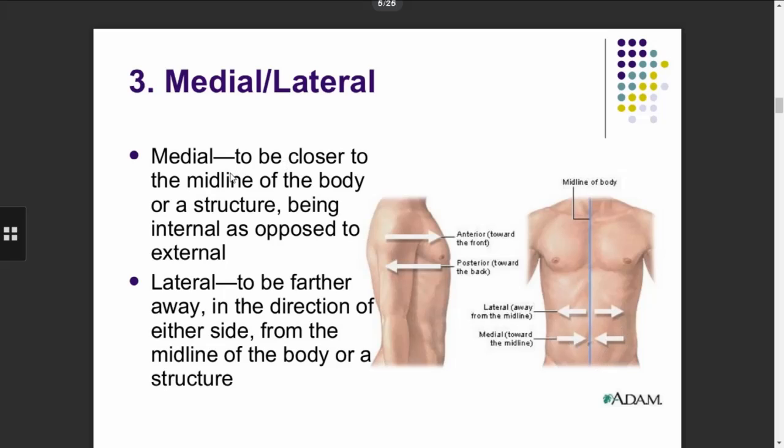Medial means closer to the midline of the body or a structure, being internal as opposed to external. Lateral means further away from the midline, in the direction of either side of the body. Here we can see anterior toward the front and posterior toward the back. This is the midline, lateral is away from the midline, medial is toward the midline.